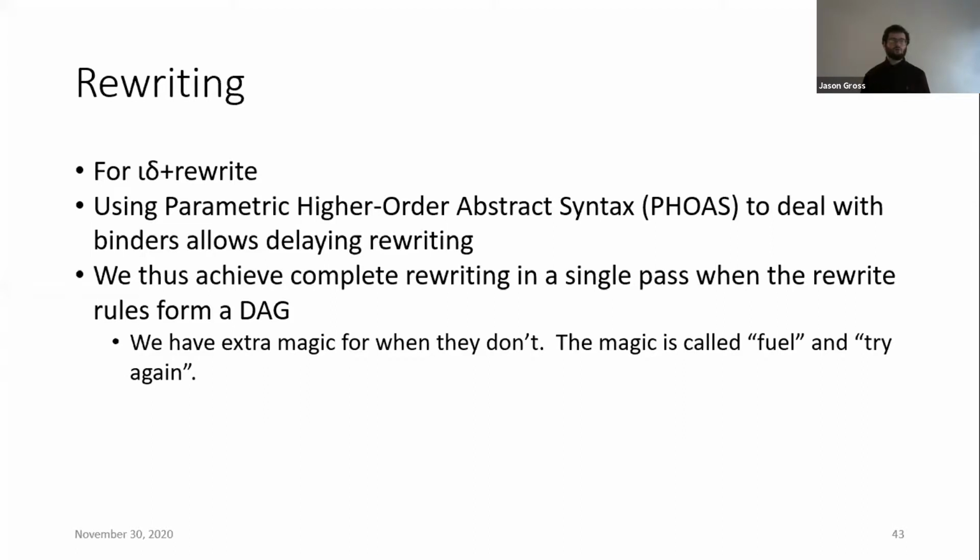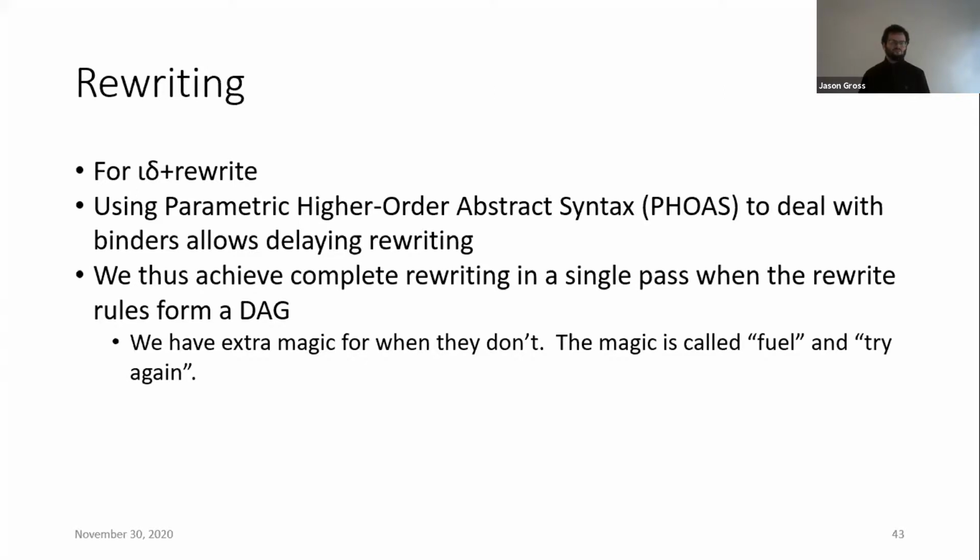And this is a big part of what allows us to delay rewriting in a way that allows us to achieve complete rewriting in a single pass when the rewrite rules form a directed acyclic graph, when there's a standard order that you want to check the rewrite rules in.